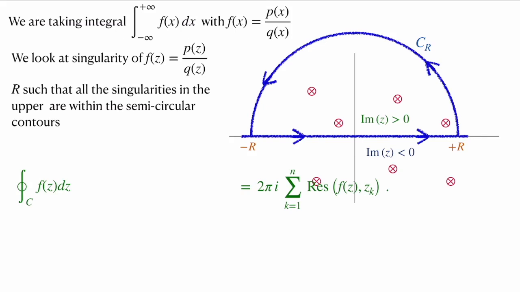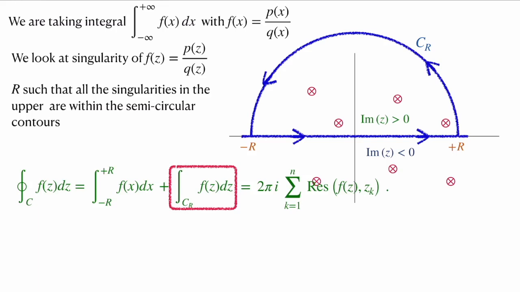Ignore all the singularities in the lower half plane. This contour can be split into two contours: along the real axis, the integral from minus r to plus r of f of x dx, plus the contour integral over the circular arc C_R of f of z dz.